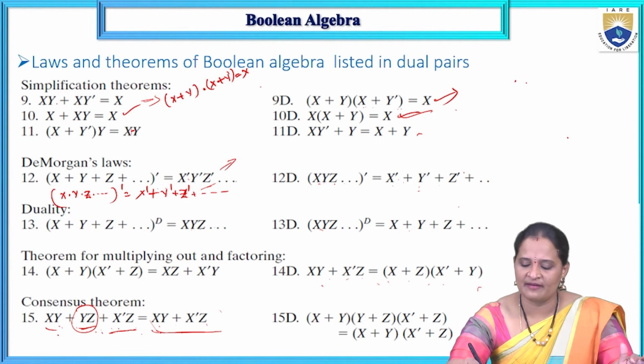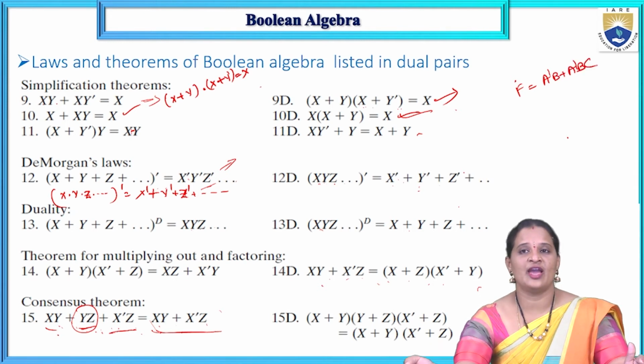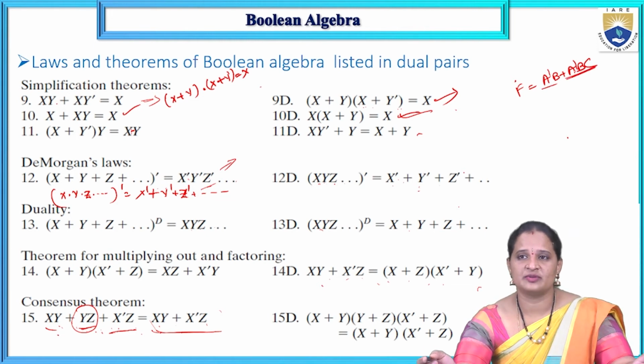So for example, if I have a Boolean expression that is a bar b plus a bar b c, to implement this Boolean expression, how many logic gates do we require? To get the complement, I need an inverter, and to get the product, I need an AND gate.